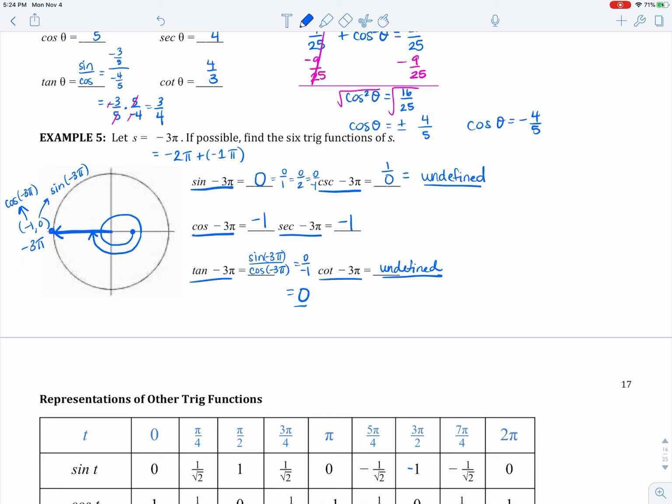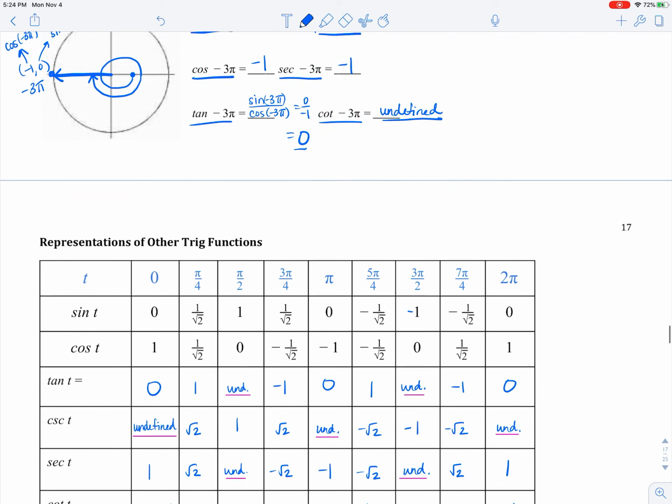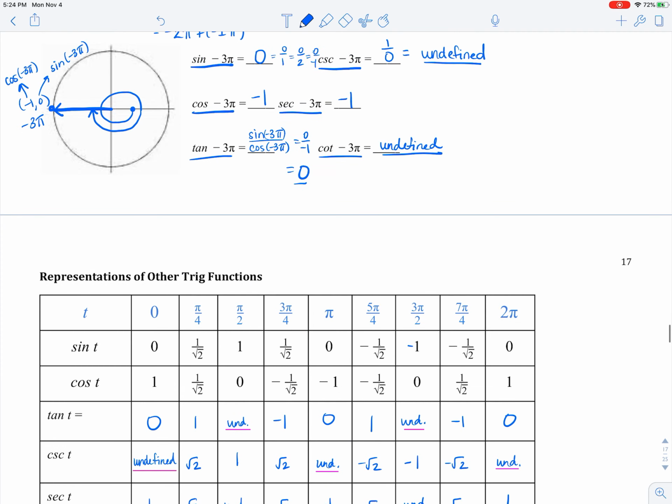With a situation like this, x cannot be negative 3 pi for cosecant, for example. So we want to show that x can never be negative 3 pi for any y value, so we show that with an asymptote, and specifically a vertical asymptote.